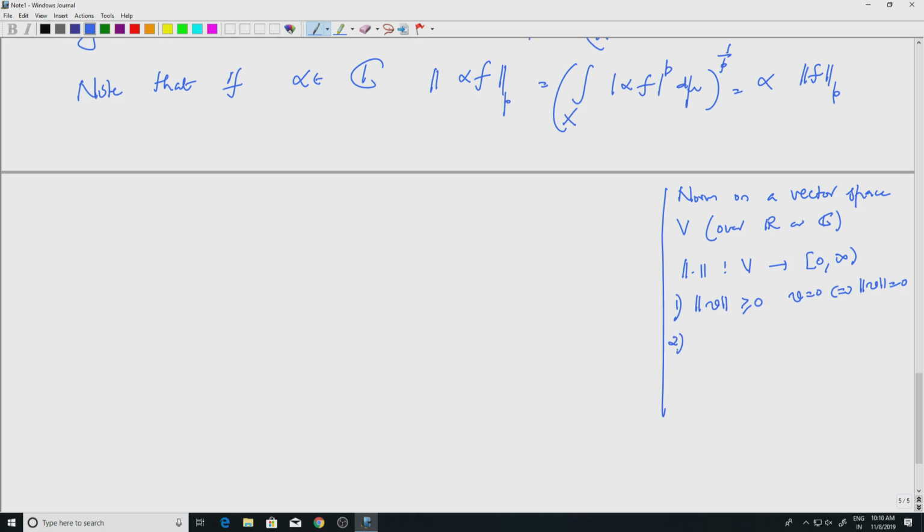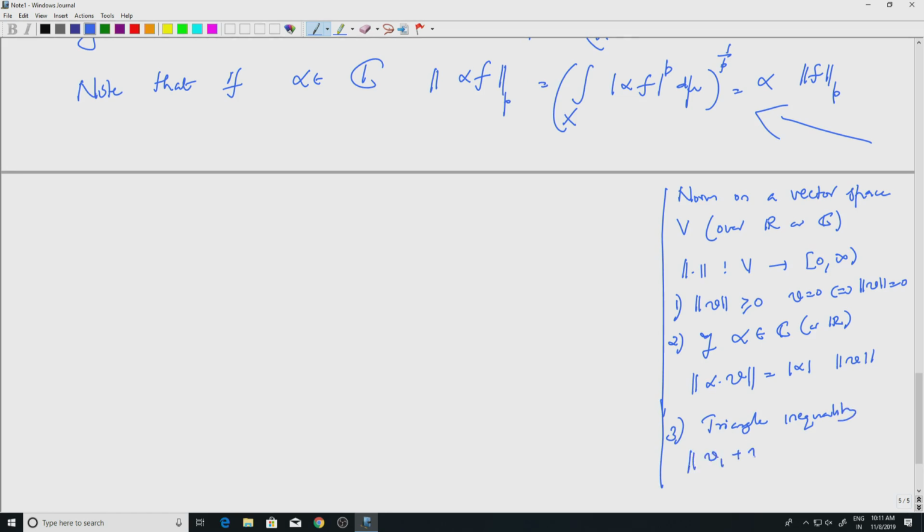Two, if alpha is in the field, C or R if the vector space is a real vector space, then alpha times V makes sense because it's a vector space, and the norm of that is mod alpha times the norm of V. That is the property we have here. And three is the triangle inequality: the norm of V1 plus V2 is less than or equal to the norm of V1 plus the norm of V2.